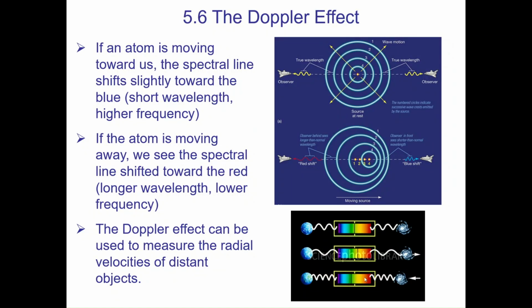And we talked about how we look at the spectrum lines emitted by different elements, so we can tell the chemical composition of a star. And finally, we mentioned the Doppler effect, which enables us to measure the radial velocity of distant objects.